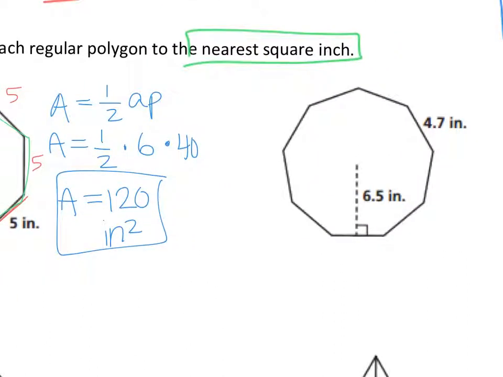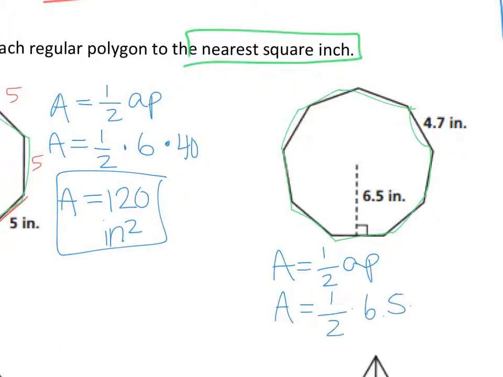The next figure has 1, 2, 3, 4, 5, 6, 7, 8, 9. 9 sides. So its area equals 1/2 AP. Area equals 1/2 times 6.5 times the perimeter.